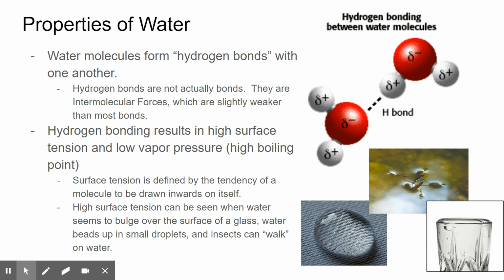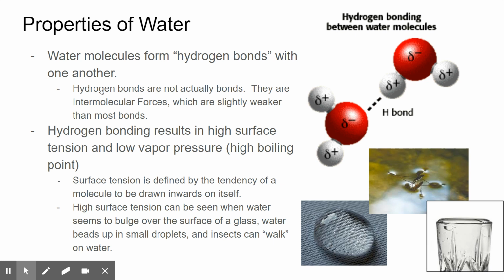Inter means between, like international means between nations. The bonds that we've been talking about before, like covalent, ionic, and metallic, are intramolecular forces. Intra means within, so within the molecule.